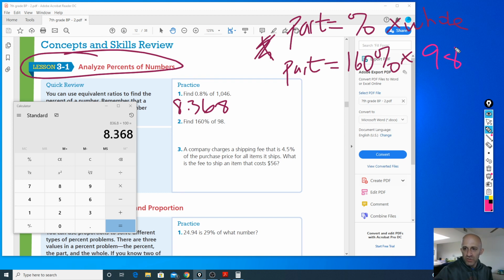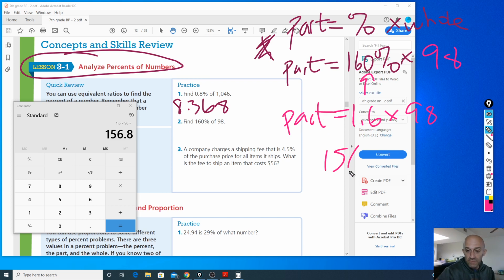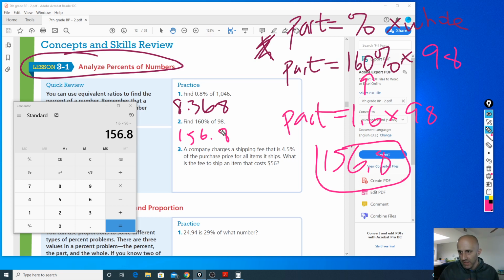Remember, when we're multiplying a percent times something, this has to be changed to a decimal, so it's 1.6 times 98. 1.6 times 98 is going to be 156.8. Equals part, 156.8. Which would make sense. 156.8 is bigger than 98, right? All right.